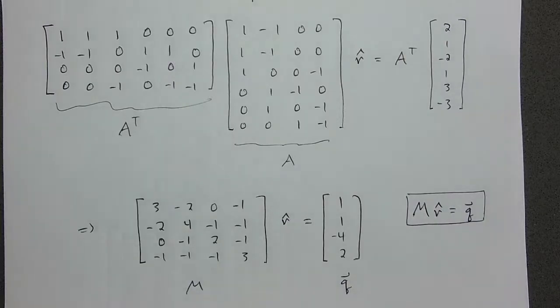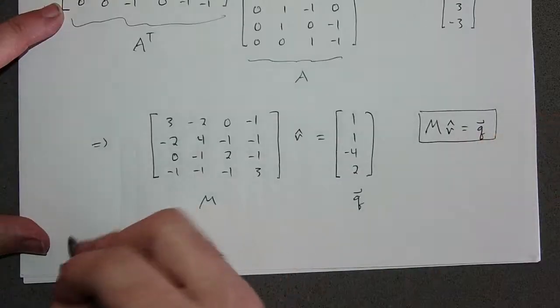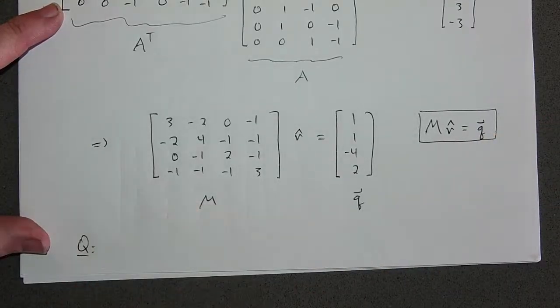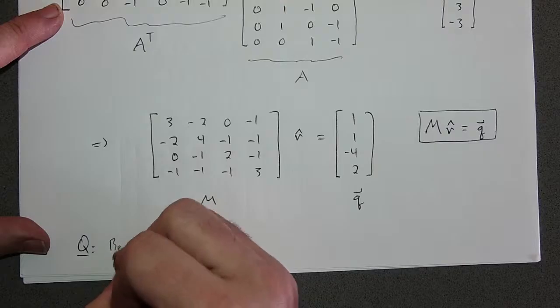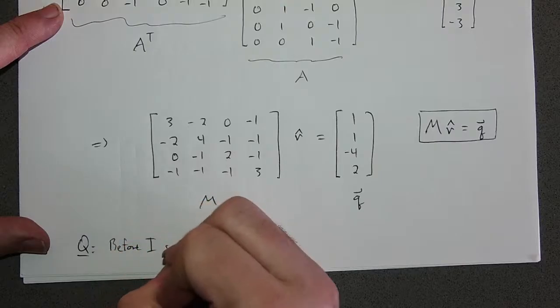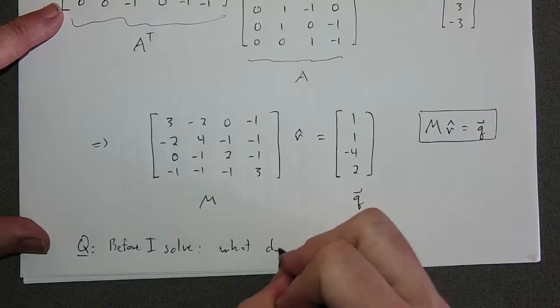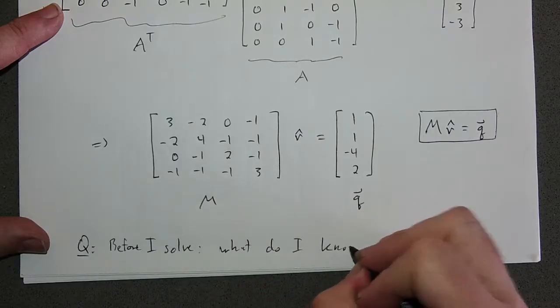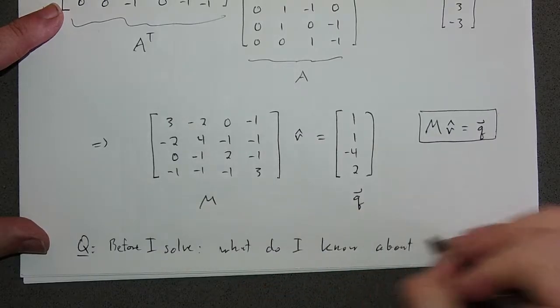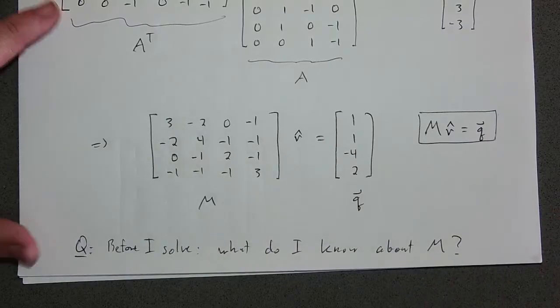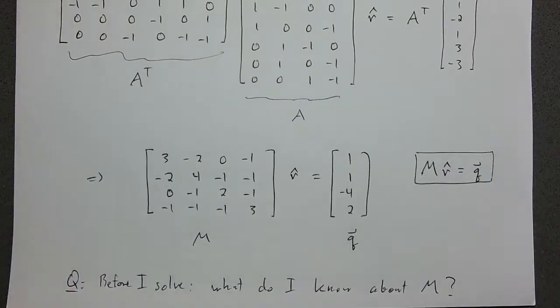Now, the question, before I solve this: what do I know about M? Some of these properties that I'm talking about with M, we already knew even in other contexts, because some of them come just directly from how the normal equations are written.